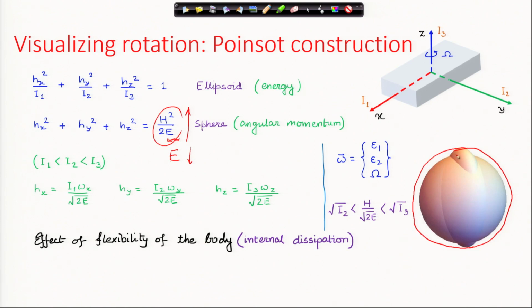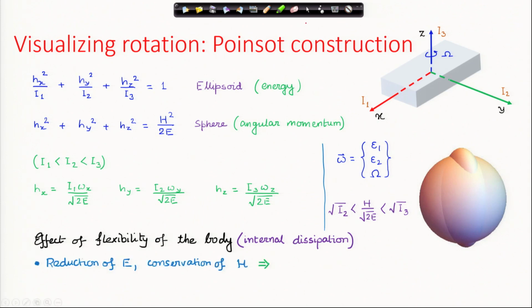The ellipsoid will be completely inside the sphere except for these two points where it will touch. So, wherever you start from, whichever spin you give, if there is a little bit of flexibility and internal dissipation, eventually the sphere is going to grow and be in this kind of precession state.